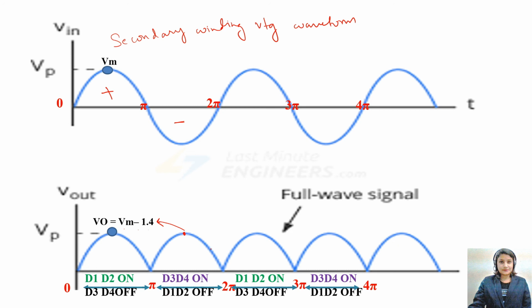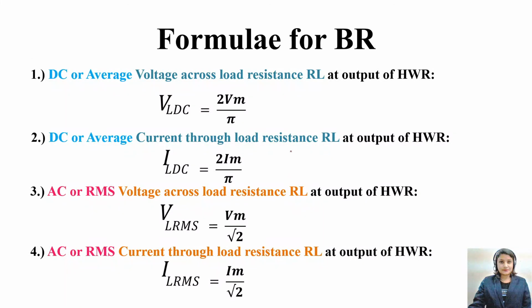This AC waveform repeats itself, and yes, you get a repeated full wave rectification. It continues as long as you have applied AC signals. The operation continues. And these are the formulae for a bridge rectifier.